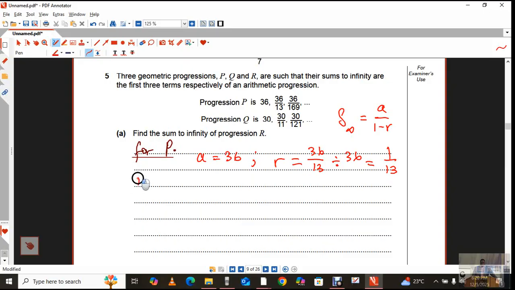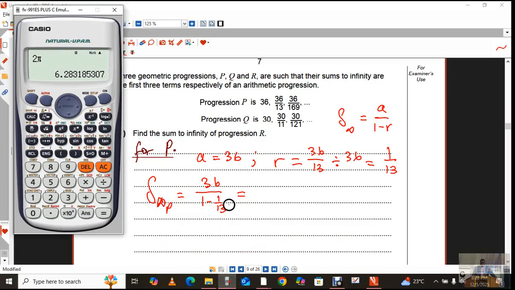Then for Q, okay, so basically I know that. So before maybe I look at Q, let me find what is the sum to infinity then of the first of P. So the sum to infinity of P is going to be A, which is 36 over 1 minus R, which is 1 over 13.